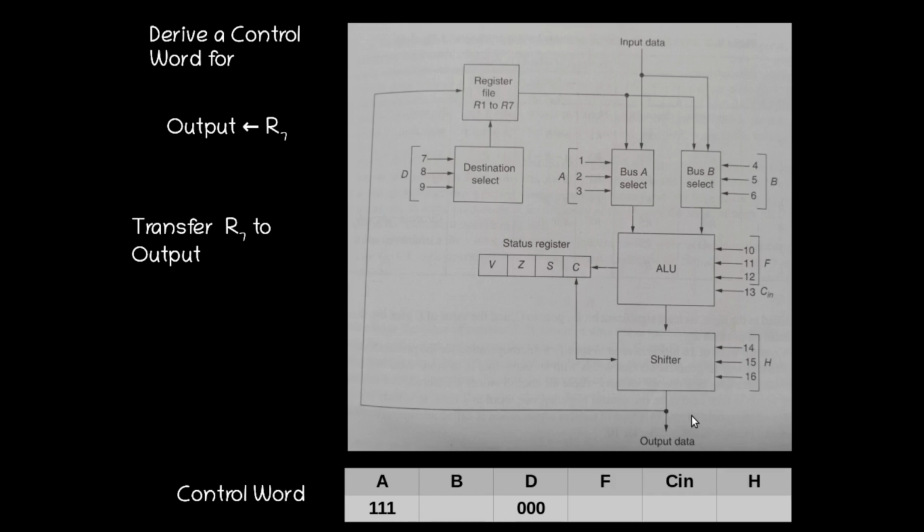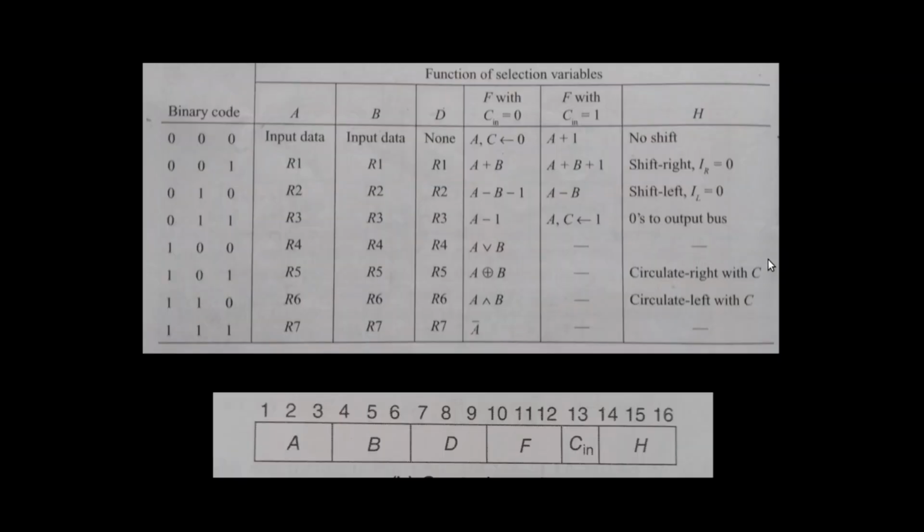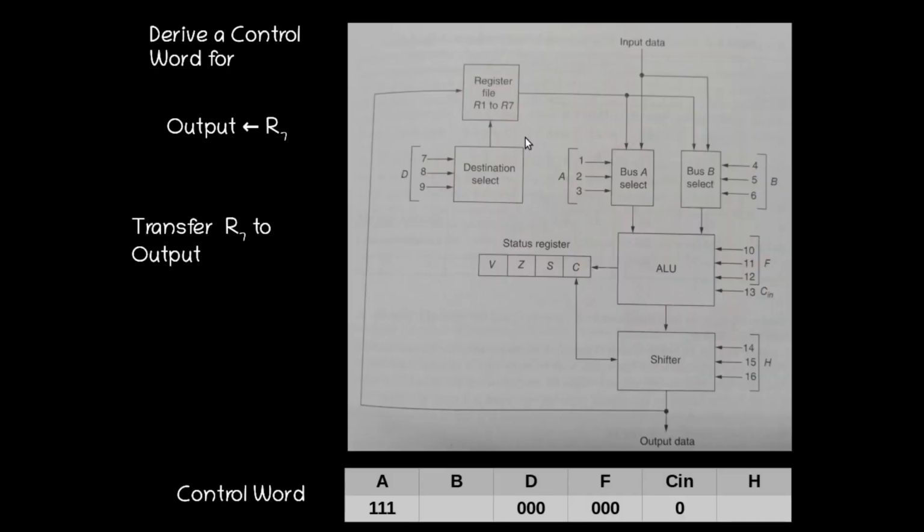Then what about the ALU operation code? Here also we have to give the simple transfer, that is transfer A with the carry flag equal to 0, so 0 0 0 and Cin is equal to 0. So F is equal to 0 0 0, Cin is equal to 0. That will simply transfer whatever is here to the shift unit.